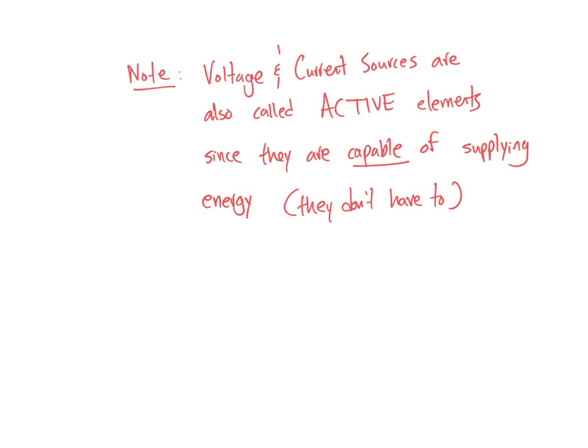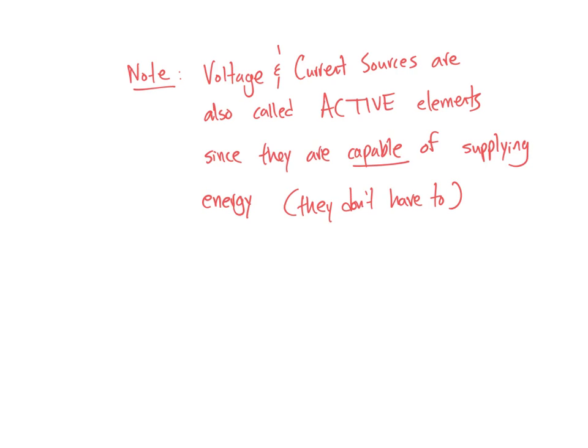And then finally, note that these sources are also called active elements, as opposed to the passive elements, which is where I described the passive sign convention. Whereas an active element is capable of supplying energy, note that a voltage or a current source maintains a fixed value: if it's a voltage source, regardless of the current flowing through it, and if it's a current source, regardless of the voltage across it.